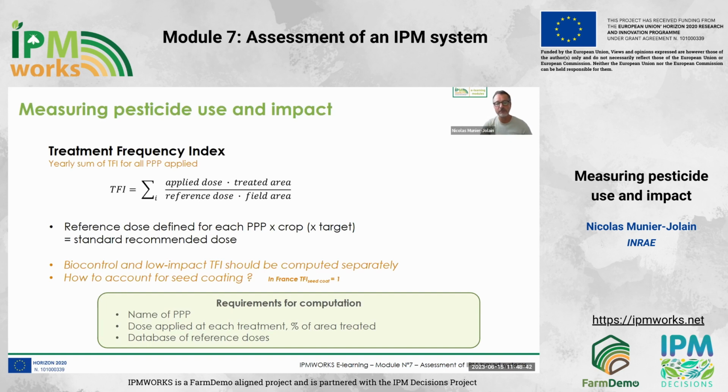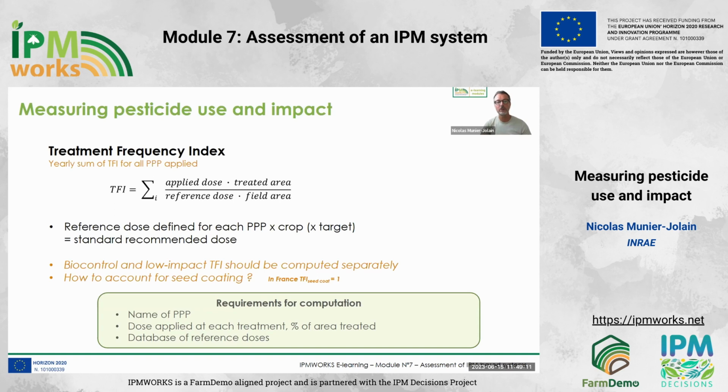The reference dose is defined for each plant protection product, for each crop, and eventually for each target pest, target weed or target disease. And most often, this reference dose is considered as the standard recommended dose for this pesticide, for this crop, and eventually for this target.